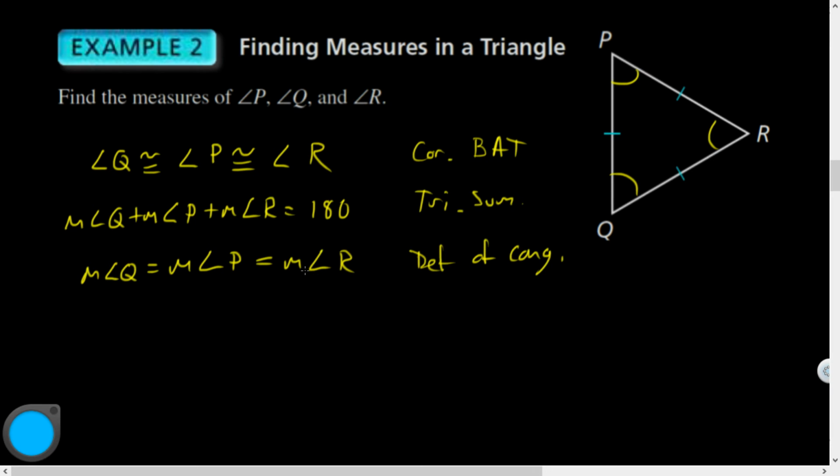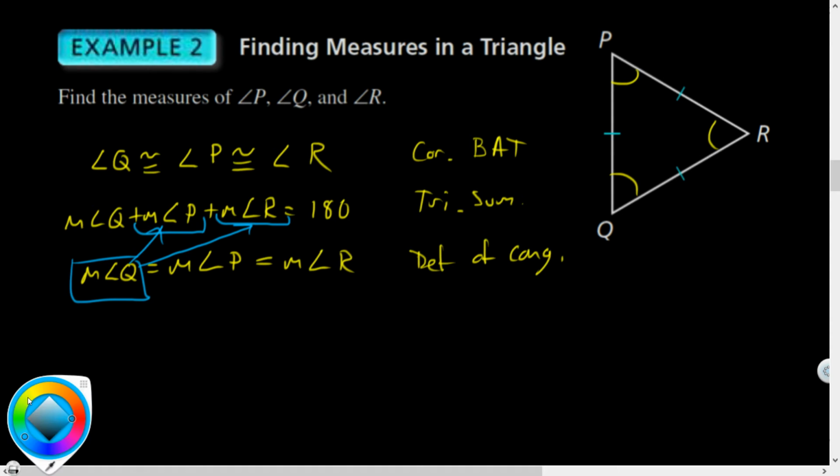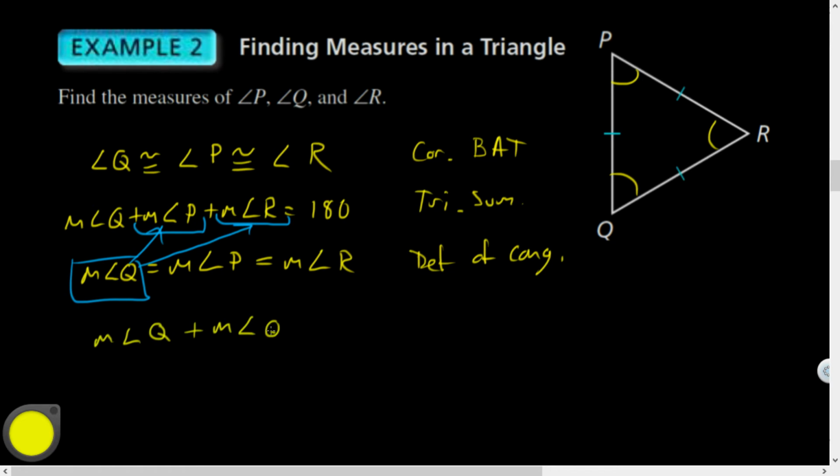And if these are all equal, then by substitution, I could plug, well, I'll do it this way. If measure of Q is equal to measure of angle P, then I could plug measure of Q in for measure of angle P. And if measure of Q is equal to measure of angle R, then I could plug it in for measure of angle R. And you guys probably logically had thought about this like 5 minutes ago already.